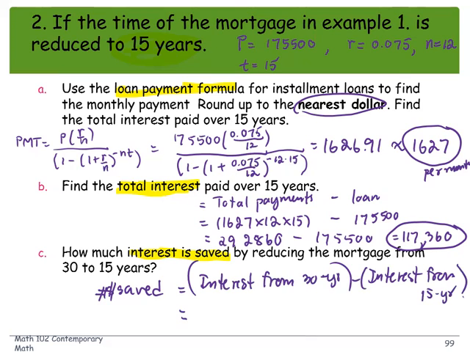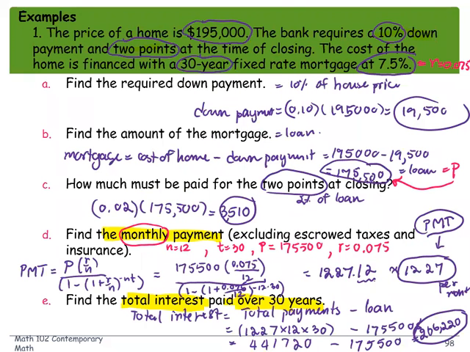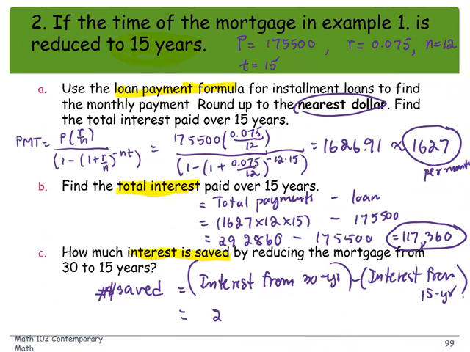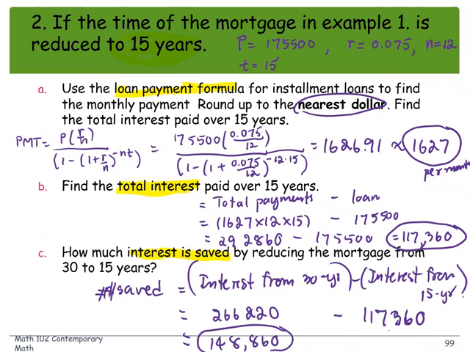The 30 year interest, from the previous example, is 266,220, and then subtracted by the number that we just got in part B, which is 117,360, and then the difference is 148,860. That means you would save $148,860 if you pay off within 15 years.